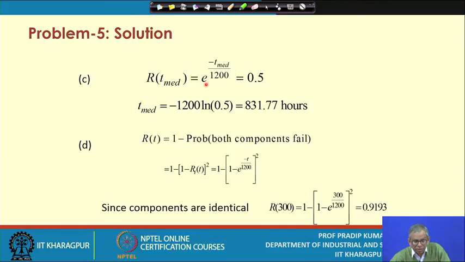These expressions you have already derived, and since the components are identical, if the value of t is 300, the corresponding reliability R(300) is 0.9193. Here you use a value of 300. So this problem is also a typical problem.